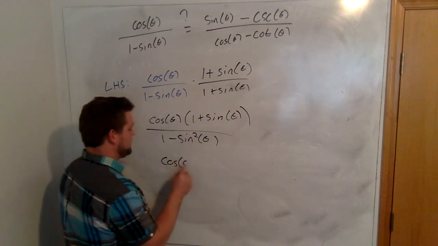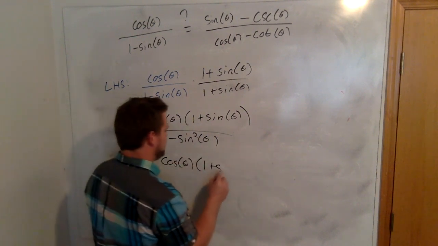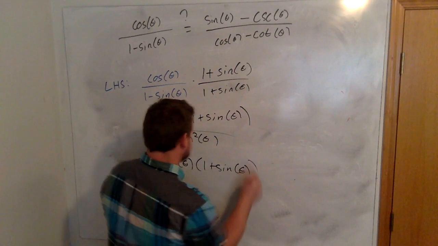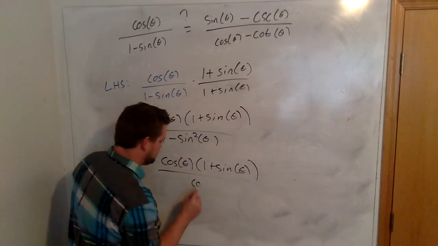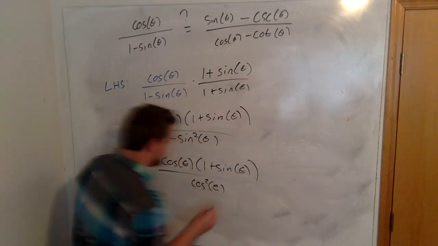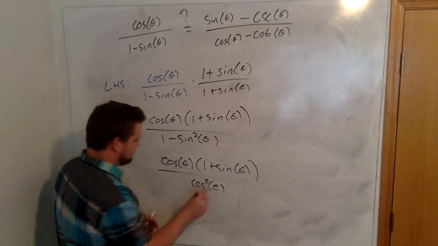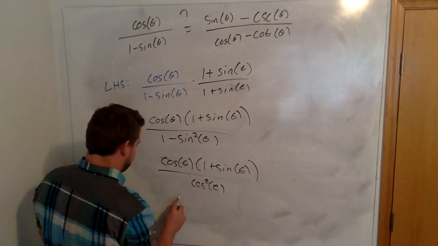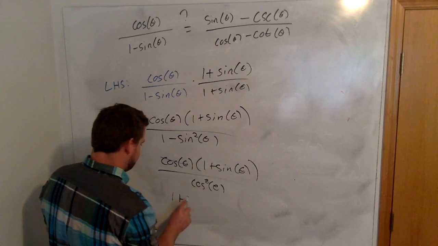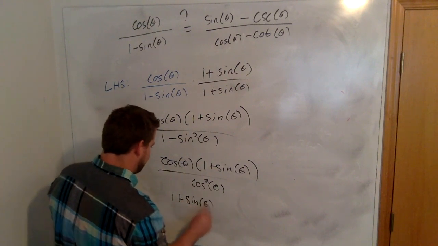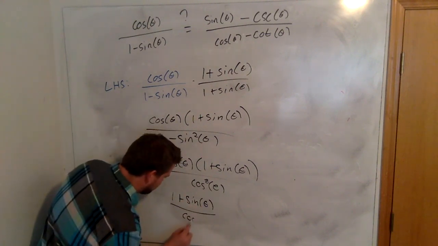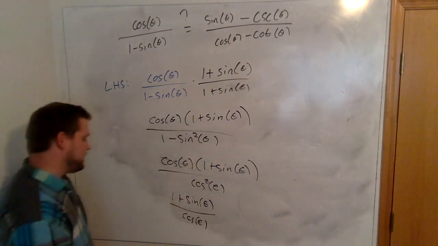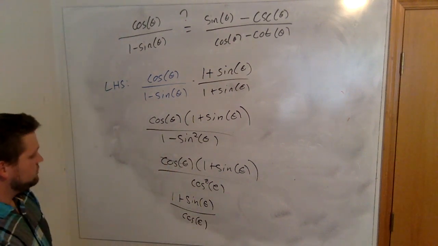So cosine of theta times 1 plus sine of theta all over cosine squared of theta. And one copy of these cosines cancel. So this is the same thing as 1 plus sine of theta all over cosine of theta. Okay. Well, that's something to think about.